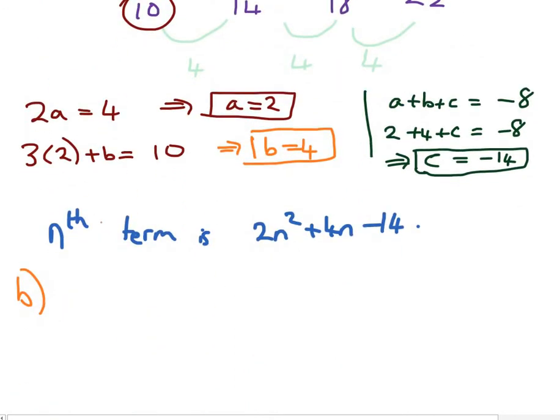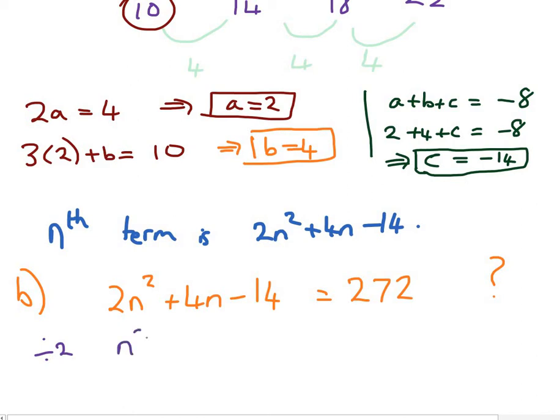Great. Right, part B. Part B says, is 272 a term in the sequence? So what we need to do here is we need to say, well, will our nth term ever equal 272? So 2n squared plus 4n minus 14 equals 272. And we'll put in a bit of a question mark because this is the question we're trying to answer. Right, you might spot that we can divide everything by 2.